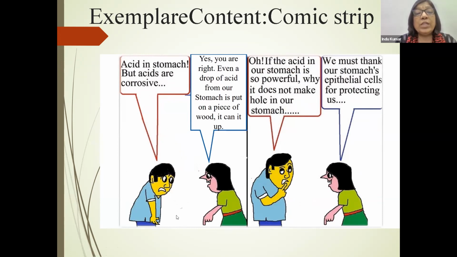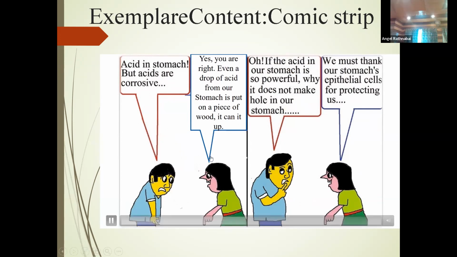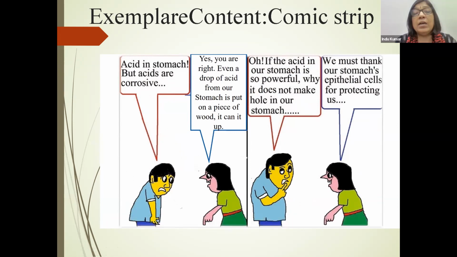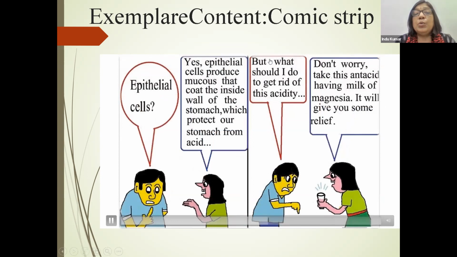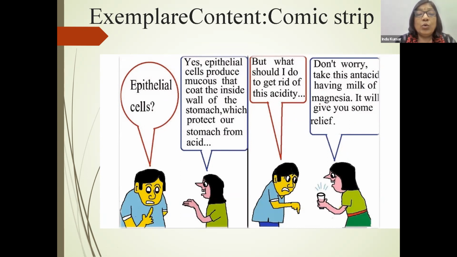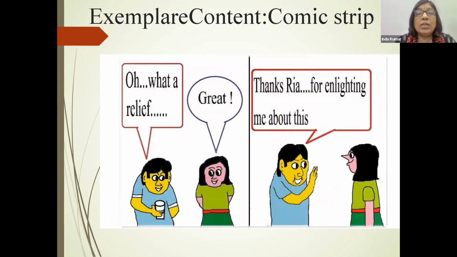The girl says our stomach has powerful cells called epithelial cells, and they produce mucus in our stomach, and the wall of our stomach is covered with that mucus, which comes from epithelial cells. It protects our stomach from getting eroded or from getting a hole in it.